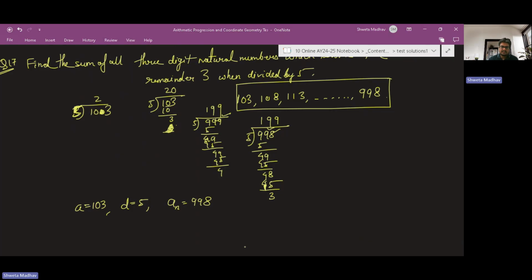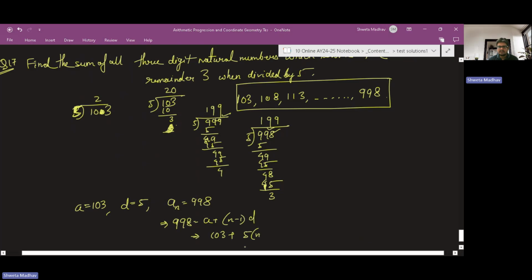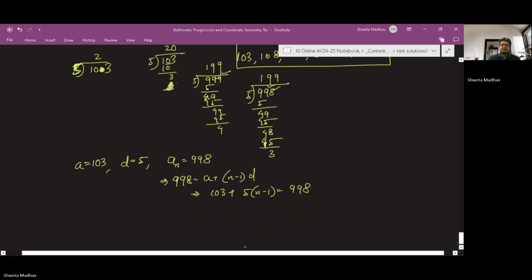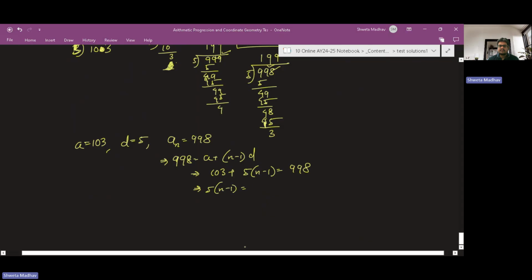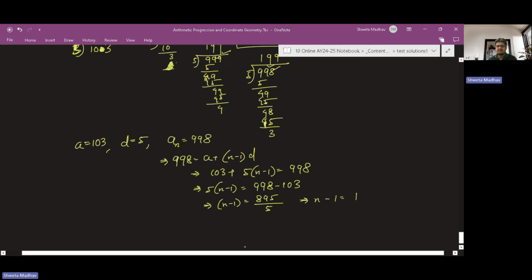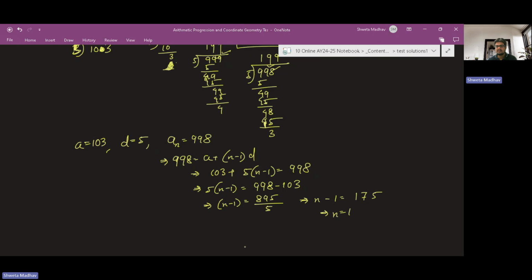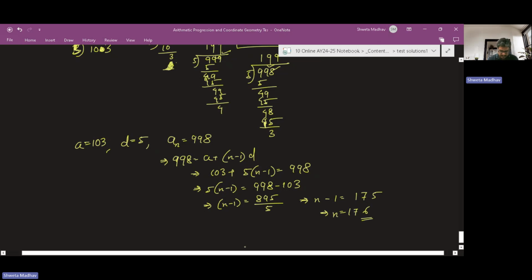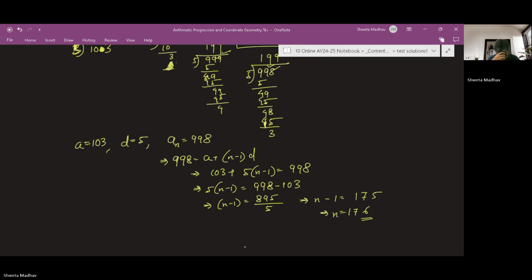The nth term is 998, so 998 = a + (n - 1)d, that is 103 + 5(n - 1) = 998. Hence 5(n - 1) = 998 - 103 = 895, so n - 1 = 895 divided by 5, and n will be equal to 176.